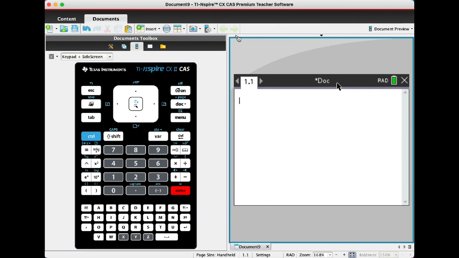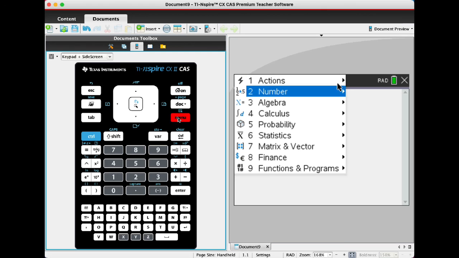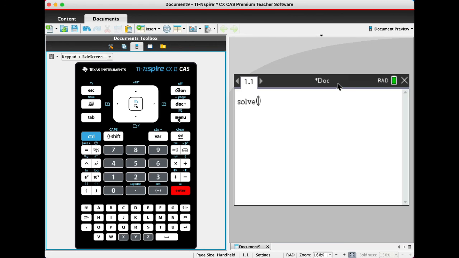For this example, we use the solve function again. Menu, algebra, solve. We now type in the equation, but we must be careful. It's got y equals mx in the formula. So we must type it as m times x.